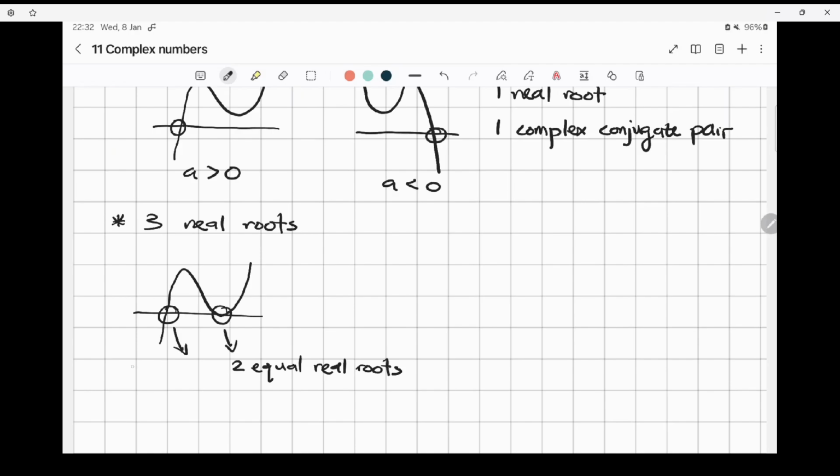And then another one real root, which is different from the other 2. You can either have these cases or this. So in this case, you have 3 distinct real roots.